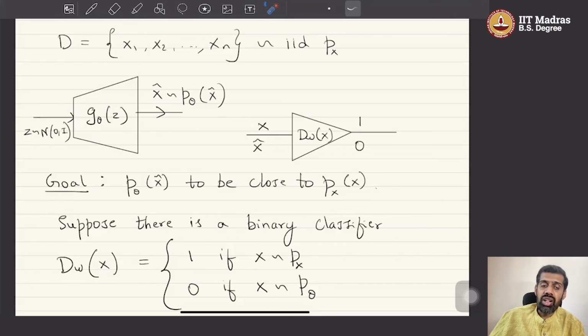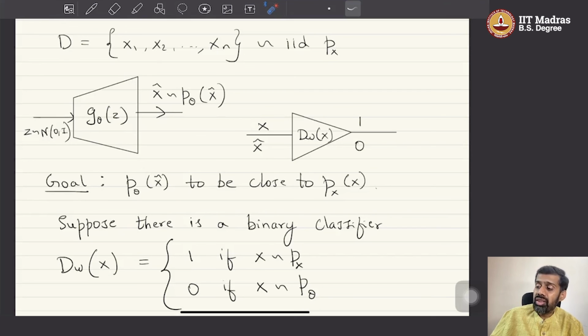Why? Because for other F divergences, there is no guarantee that the T function that we use to bound the F divergence has an interpretation as a classifier. Only with this particular choice of the F divergence does our T function have an interpretation which adheres to that of a classifier, right?